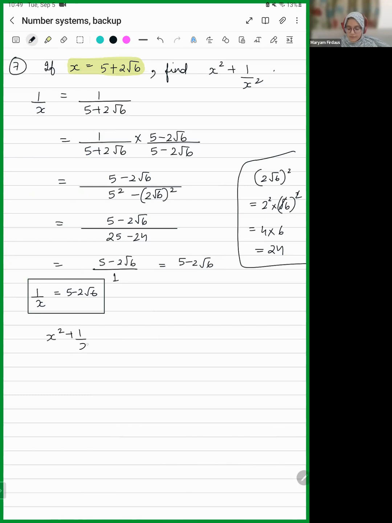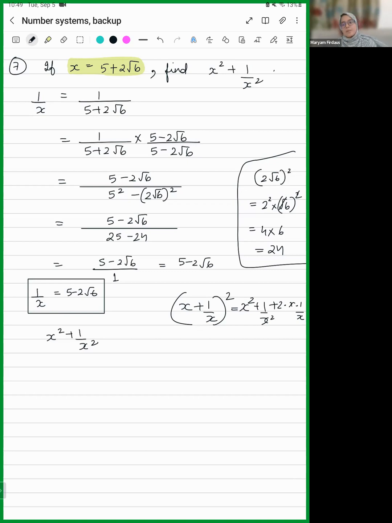But we know that x plus 1 by x whole square becomes x square plus 1 by x square plus 2. Where does this 2 come from? Because it is 2 into x into 1 by x. This is basically a plus b whole square, a square plus b square plus 2ab.